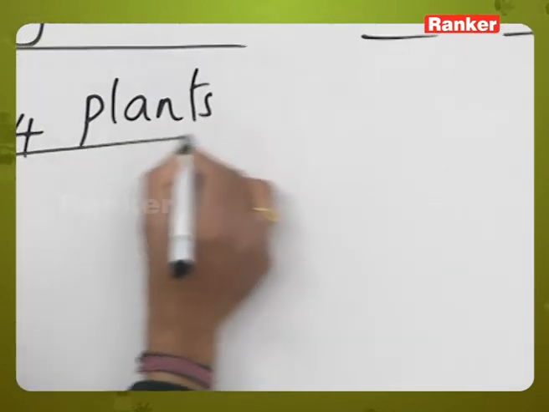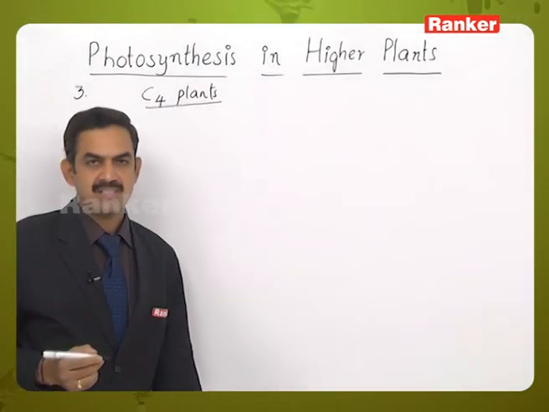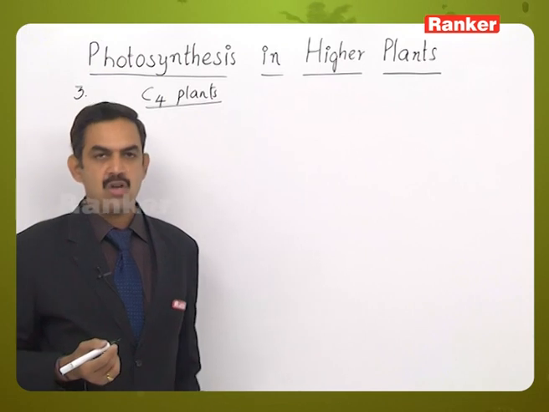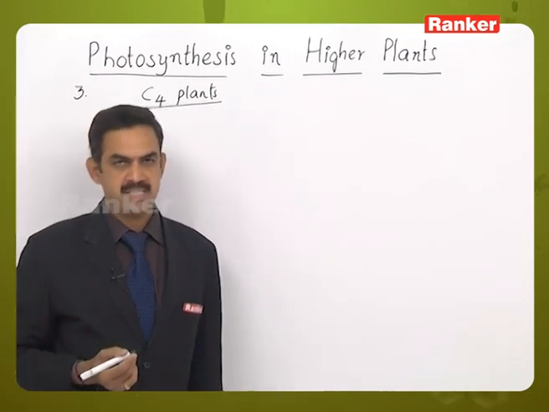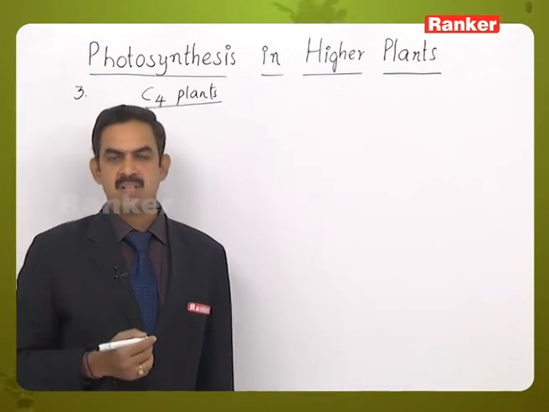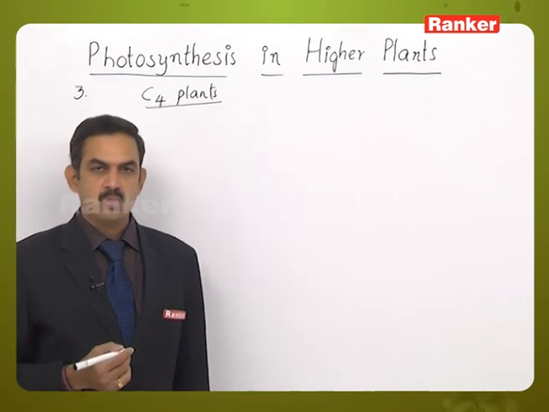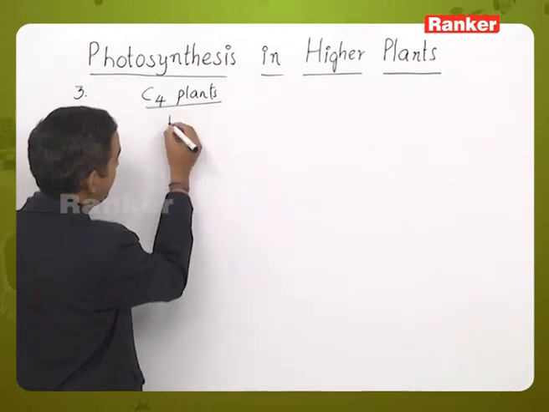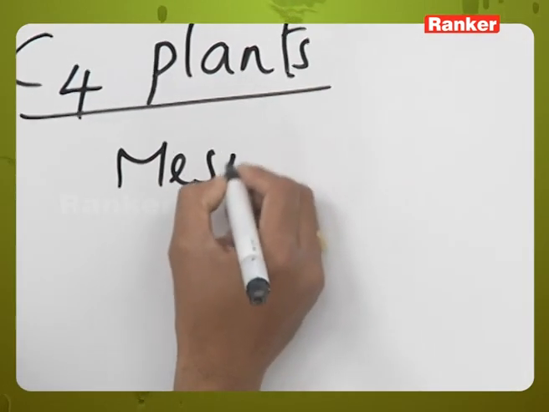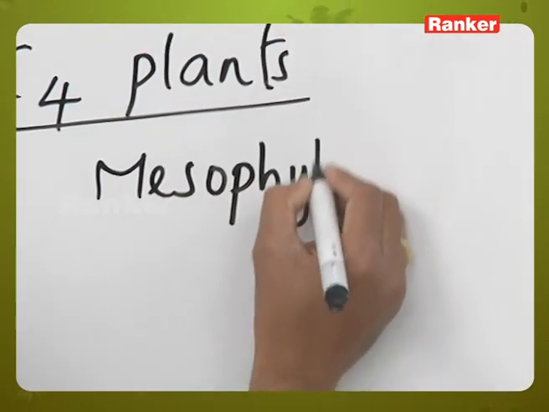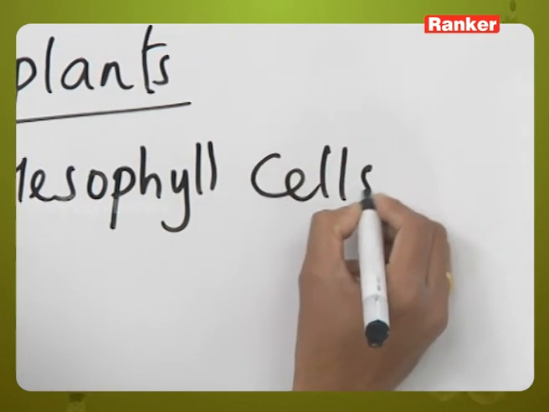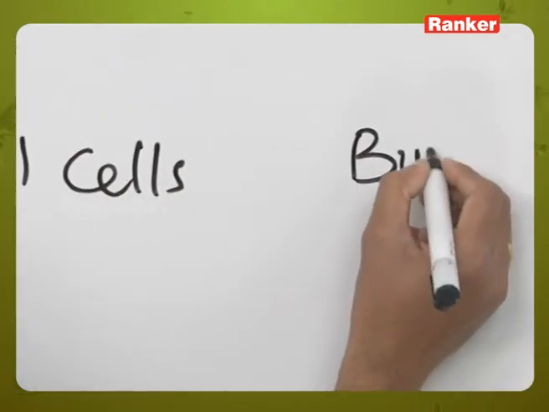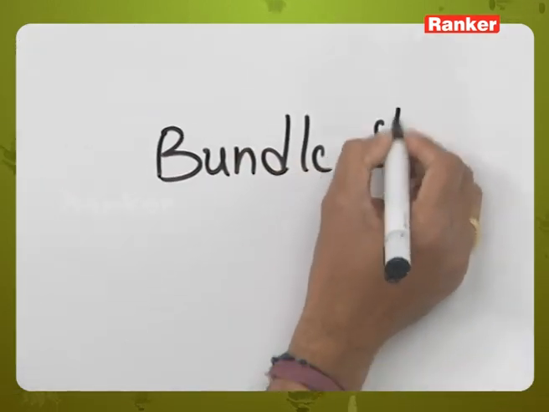In C4 plants, a special feature is the presence of Kranz anatomy, and chloroplast dimorphism is also present. Apart from that, the reactions show spatial differentiation. Some of the reactions occur in the mesophyll cells, followed by reactions in the bundle sheath cells.